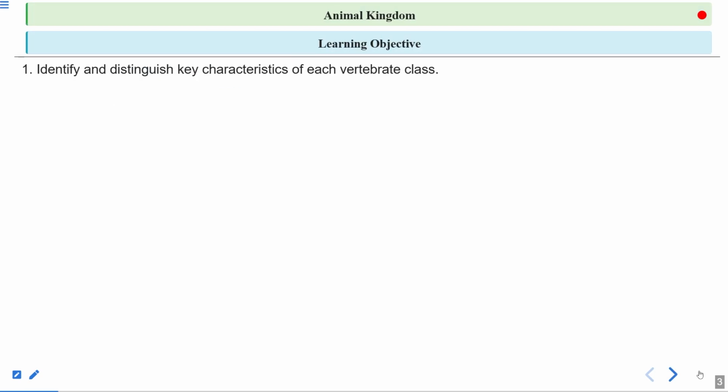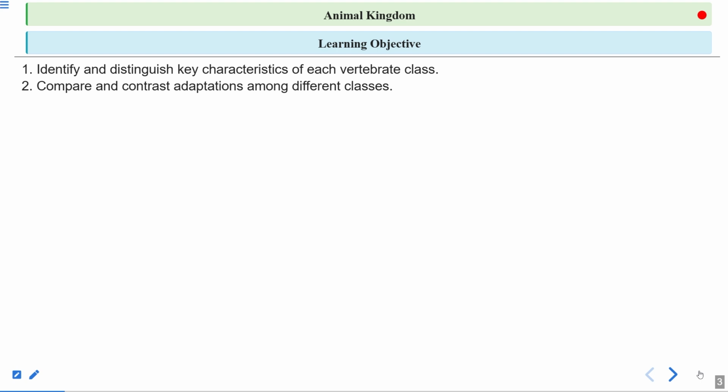So today's learning objective: identify and distinguish key characteristics of each vertebrate class. With the learning of today's lecture, you will be able to identify and distinguish key characteristics of each vertebrate class.